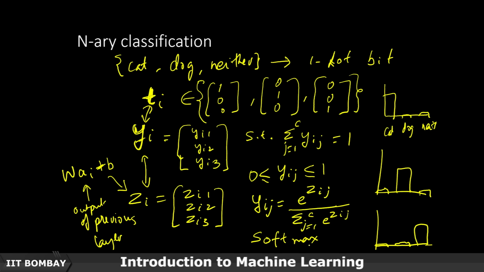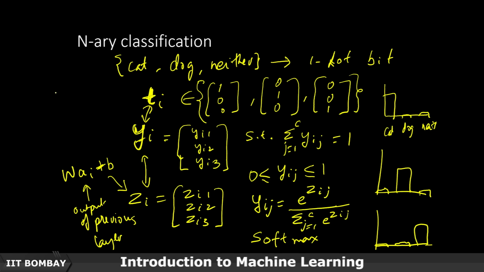So that is the interpretation of this yij, and now we want to bring this yij close to tij. The way to do that is to use a generalization of the cross entropy loss, which is the n-way cross entropy loss, and it is very simple.